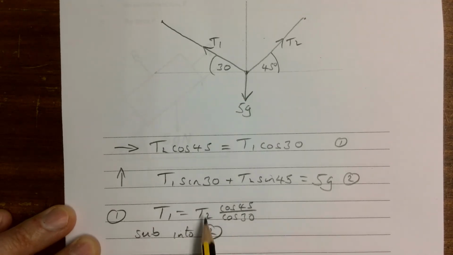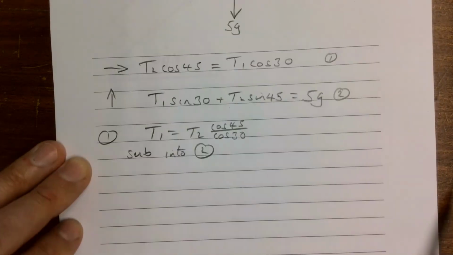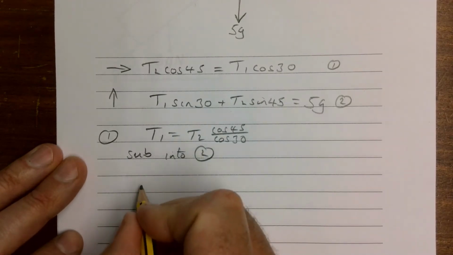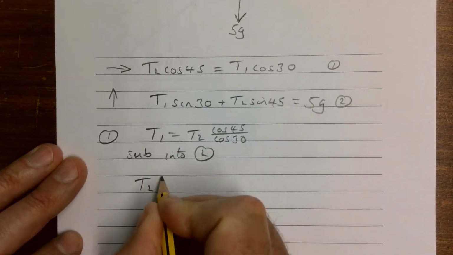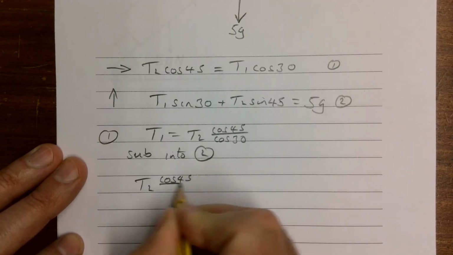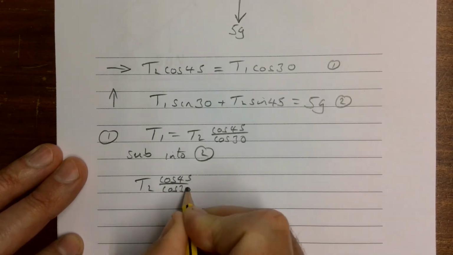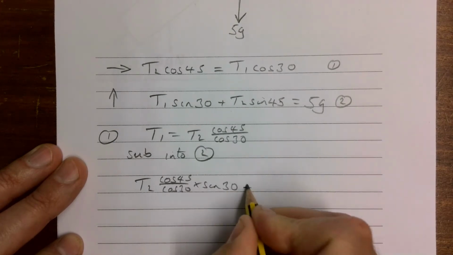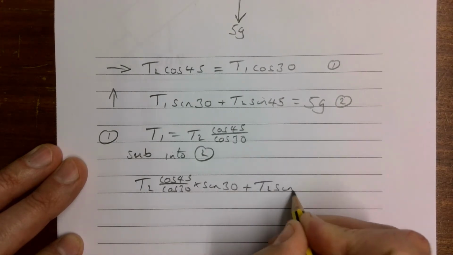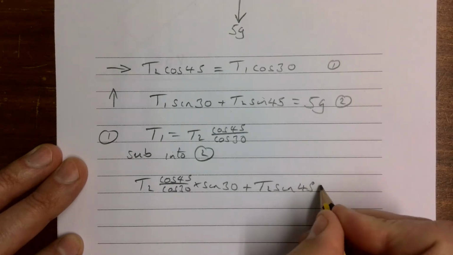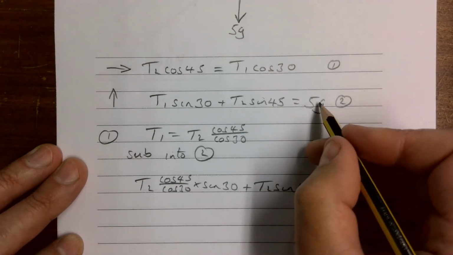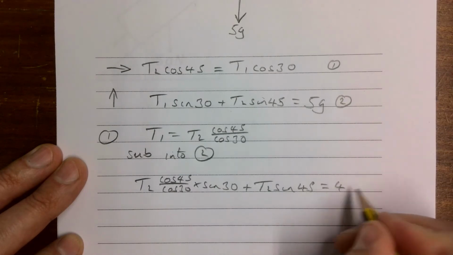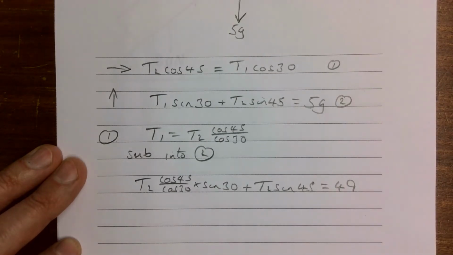Anytime I see a T1, I'm going to exchange it for T2 cos 45 over cos 30. It's a little bit messy, but we should get there. So subbing into 2 then, T2 cos 45 over cos 30 times sine 30 plus T2 sine 45 equals 5 times 9.8, which ends up being 49 newtons.